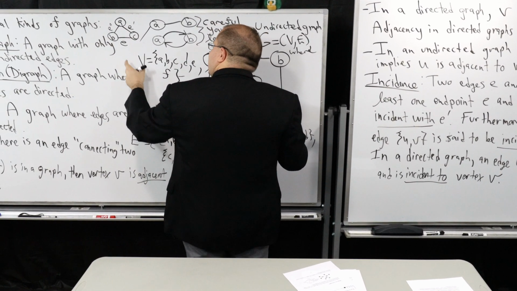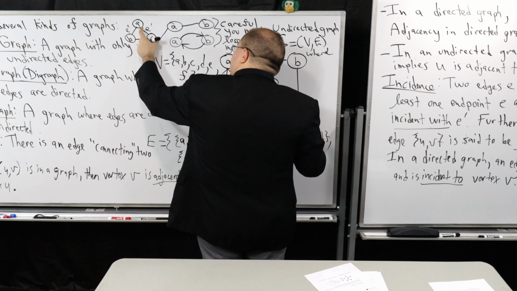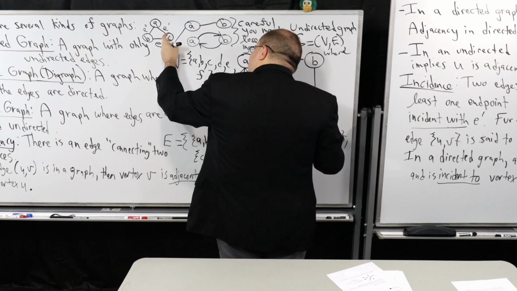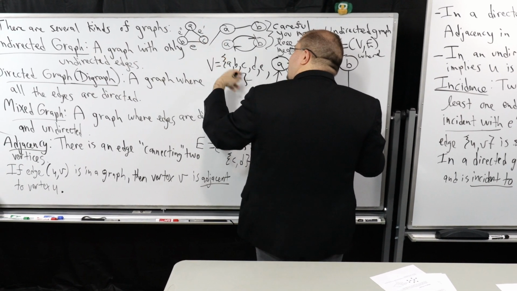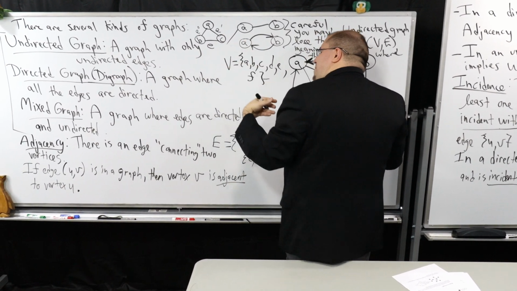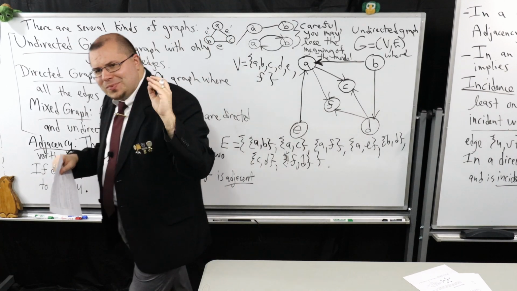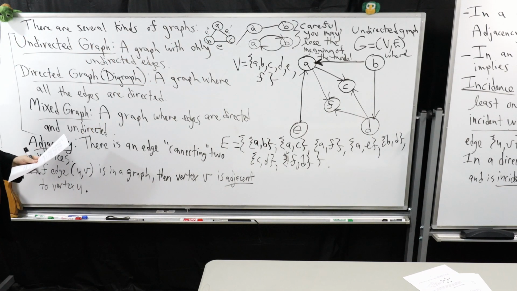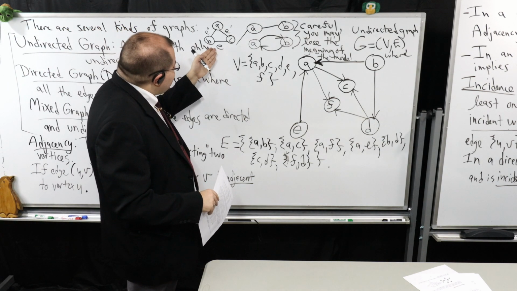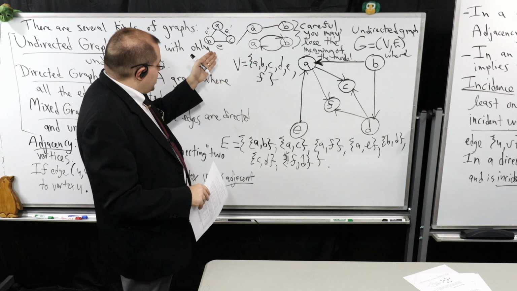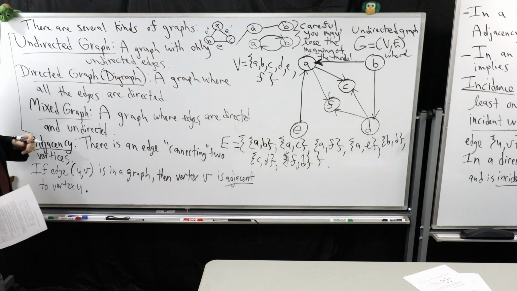I can say that edges E and E prime are incident with each other, right? Sorry, I'm getting really excited here. All right, so that's one way. You can talk about the relationship, and you can also say, okay, well, edge E is incident on C, or E is incident on B.